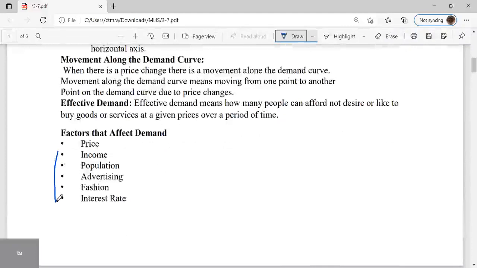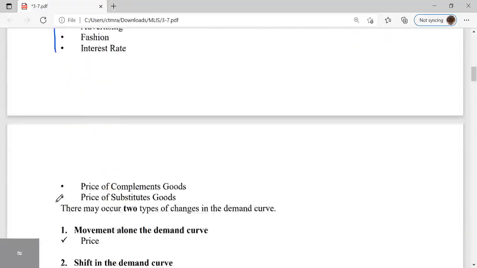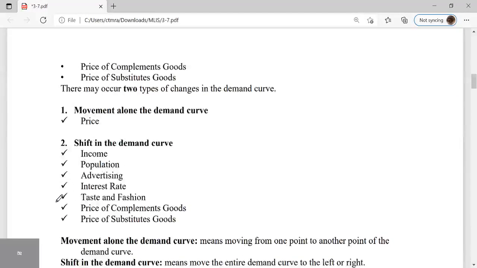When the price changes, there will be a movement along the demand curve. But when there is a change in the other factors, there will be a shift. So next we will discuss that: the non-price factors. This will lead to a shift of the demand curve.